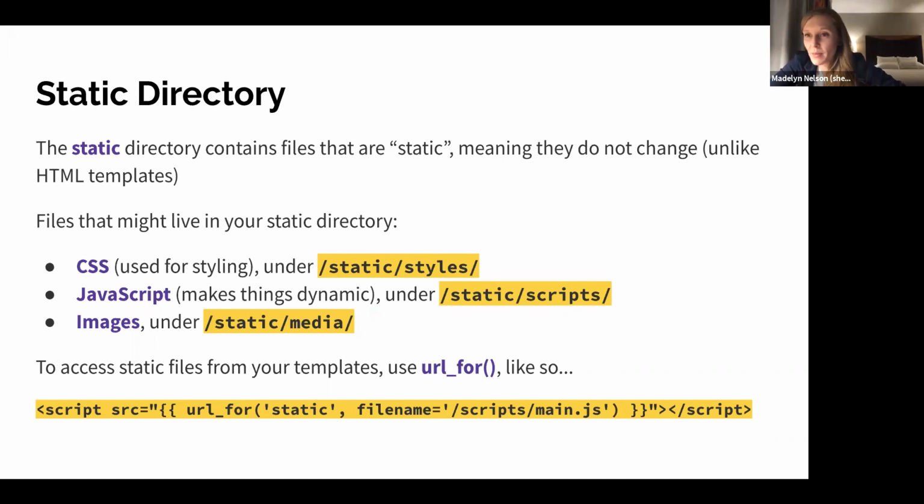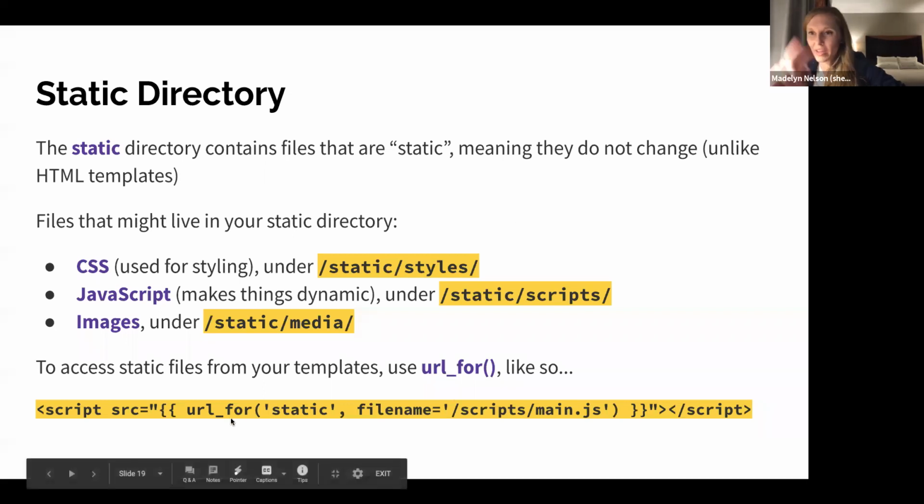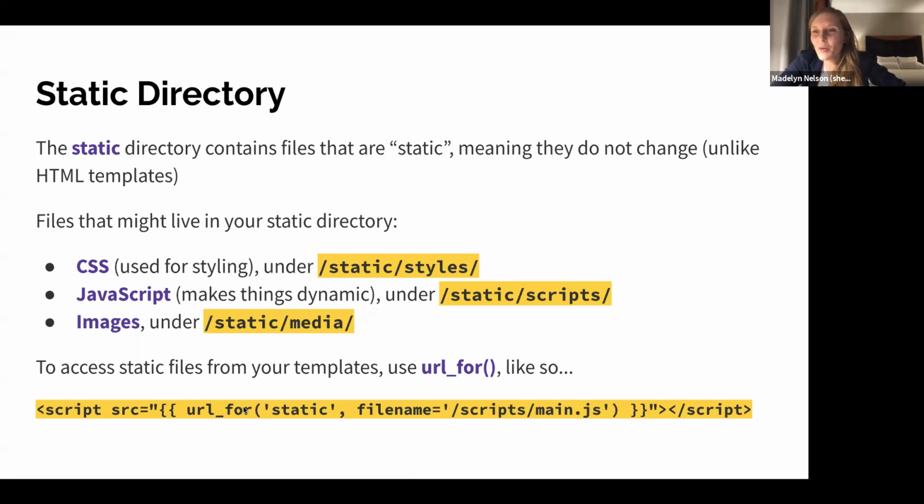One example of what that might look like is including a script tag. In normal non-Jinja HTML, all you have to do is put the path directly to that local JavaScript file and you're good to go. In Flask, what you need to do is use url_for so Flask, the web framework, knows where to find it. Again, a little annoying, but something to note if you're working in Flask.